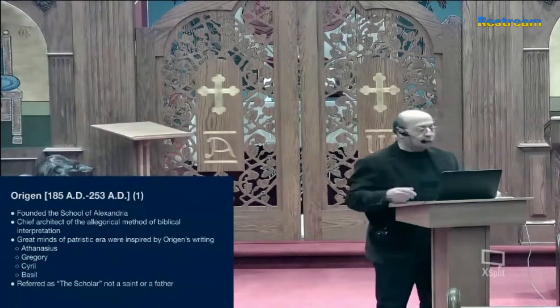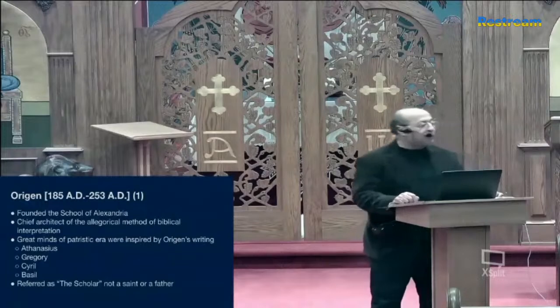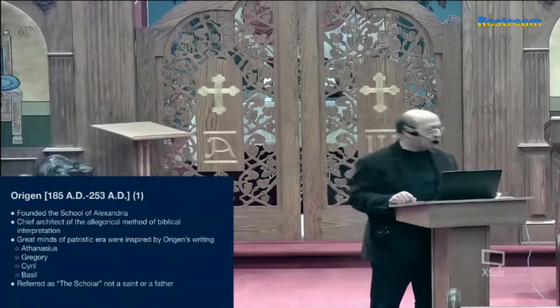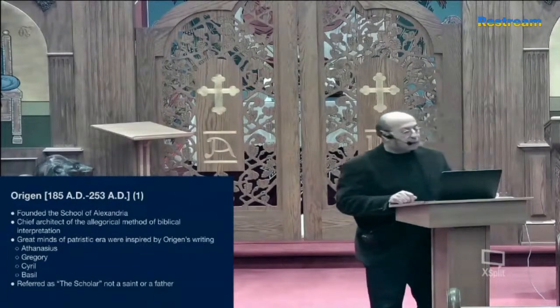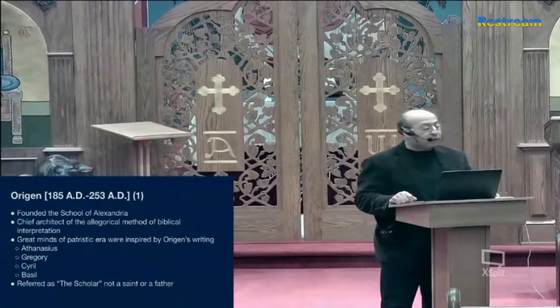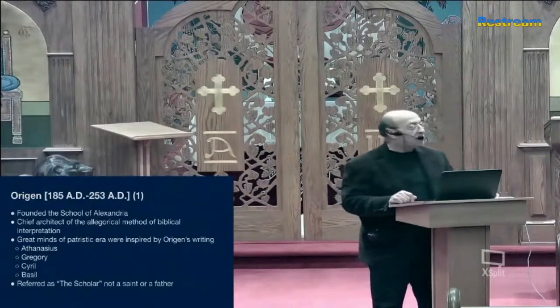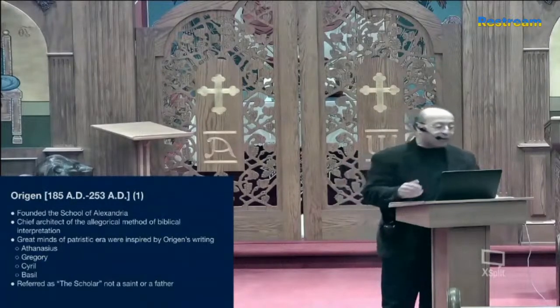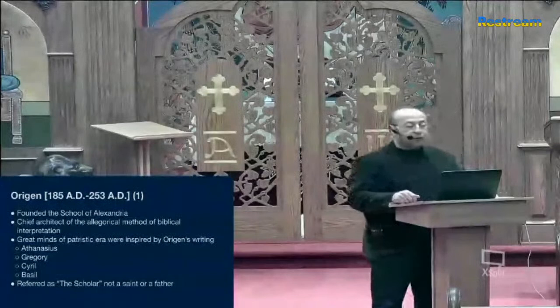A lot of people who are great minds in the Coptic or Alexandrian church, or all the churches, have been inspired by Origen's writing. That includes Athanasius, Gregory, Cyril, Basil, and other great minds.